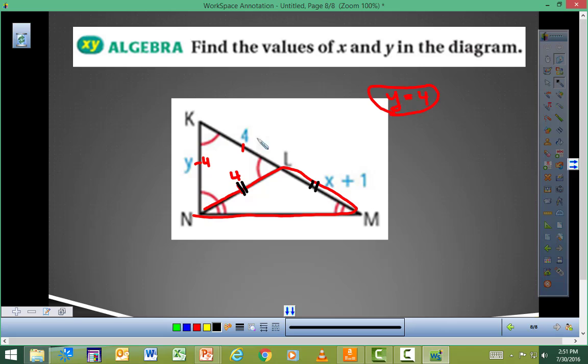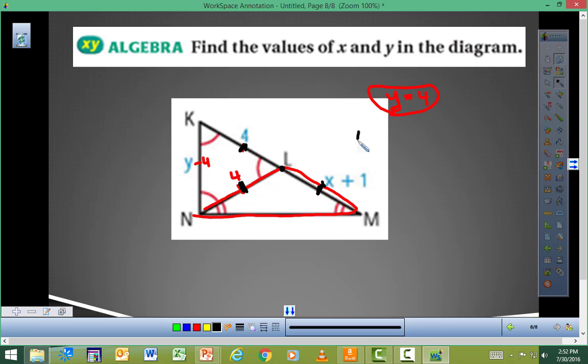Let me back that up. We should draw one tick mark here. So actually we only have one tick mark here, one tick mark here, because it's the same. Well, so in any event, that means this side is equal to that side.